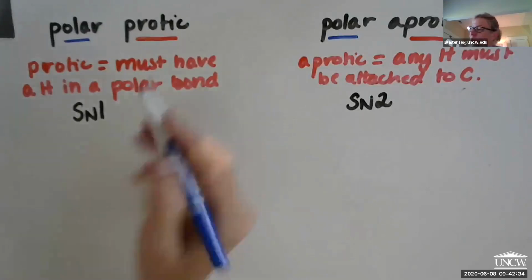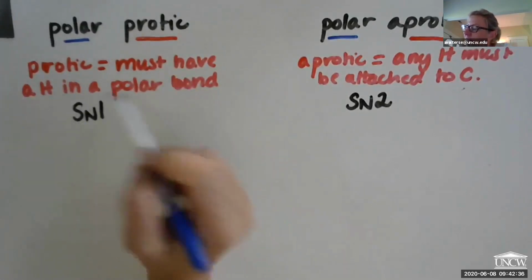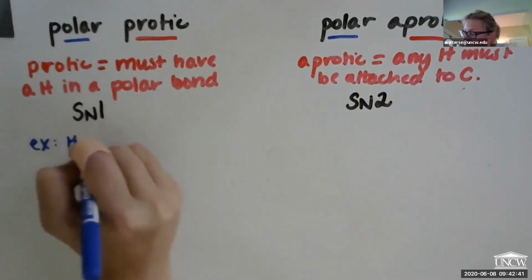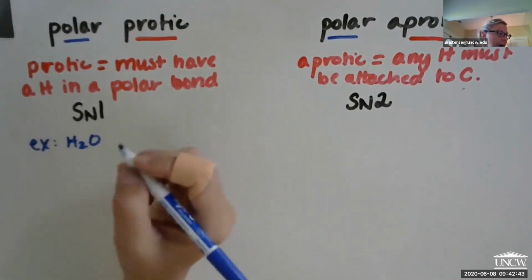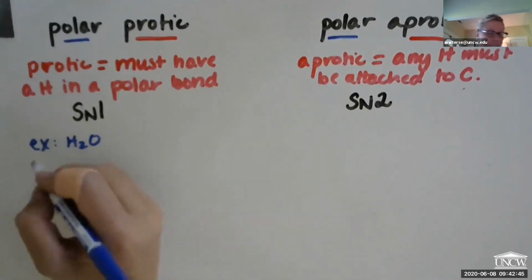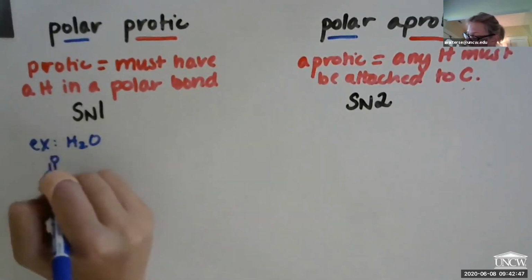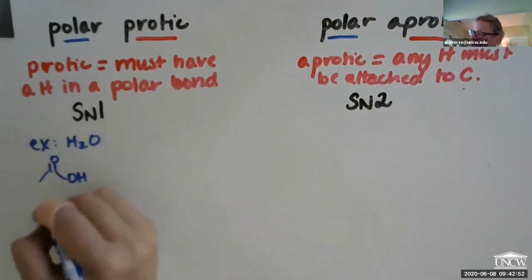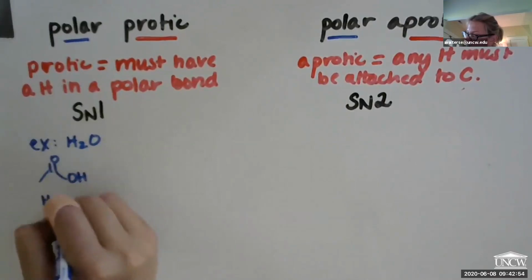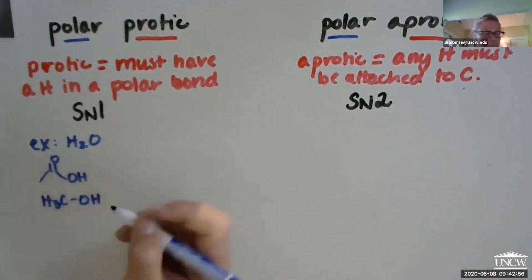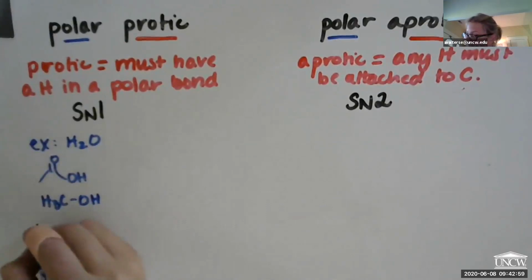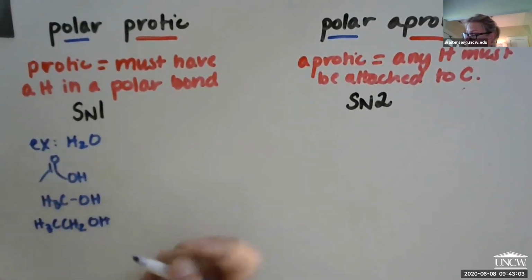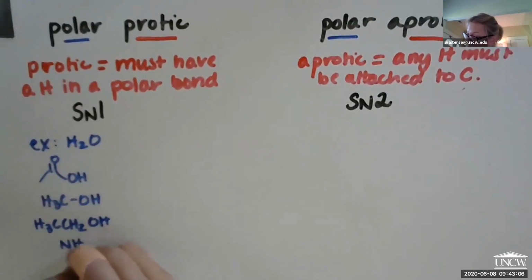Polar protic solvents have hydrogens in polar bonds. That could be water, an acid, an alcohol, a bigger alcohol, or ammonia.